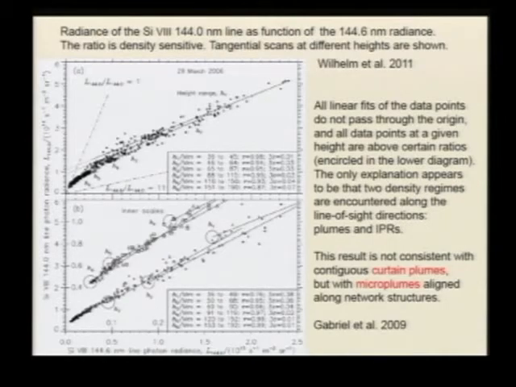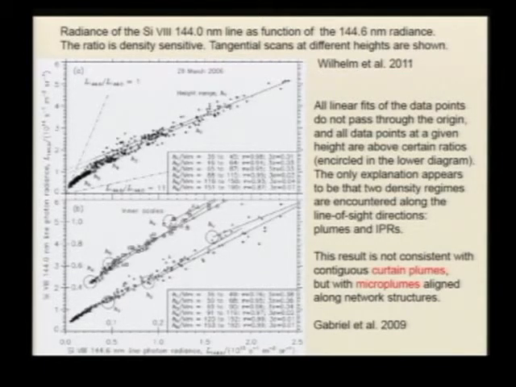Now there is an observation from SUMA, which is a little bit complicated, but the important point is, again, this is a density line, silicon 8, and on all those scans, we see that those lines do not cross the origin. Now, if you have one plasma and you look through one plasma, you should always end at the origin, of course, because both lines should go down at the same time, but they are always off the origin.